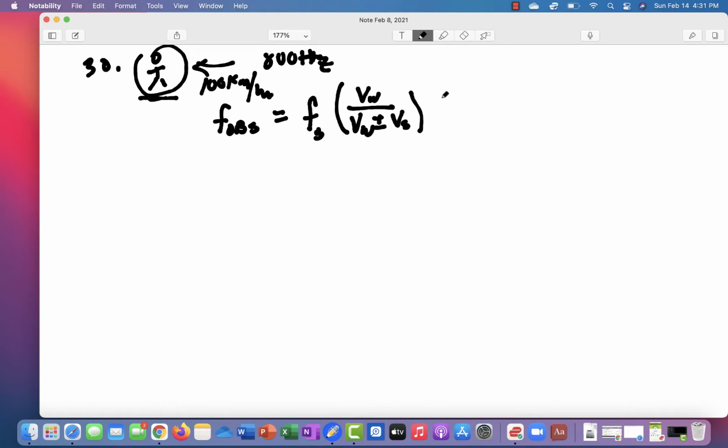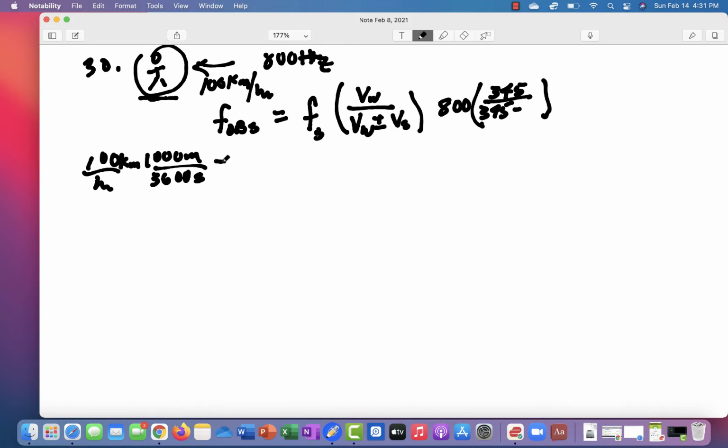So in this case, you put 800 in times, now the velocity of sound here is given at 345 meters per second. And you're going to subtract the velocity of the siren. Now, it's 100 kilometers per hour, and there are 1,000 meters in a kilometer and 3,600 seconds in an hour.